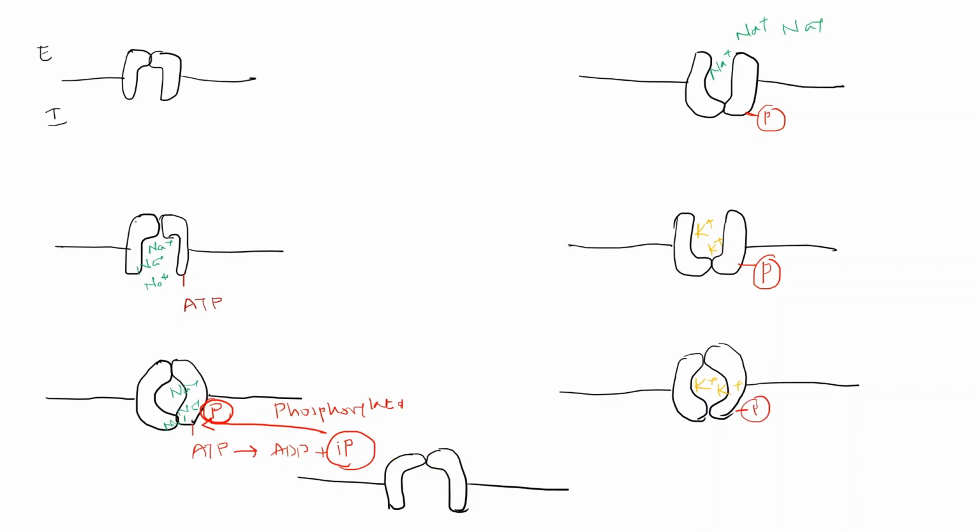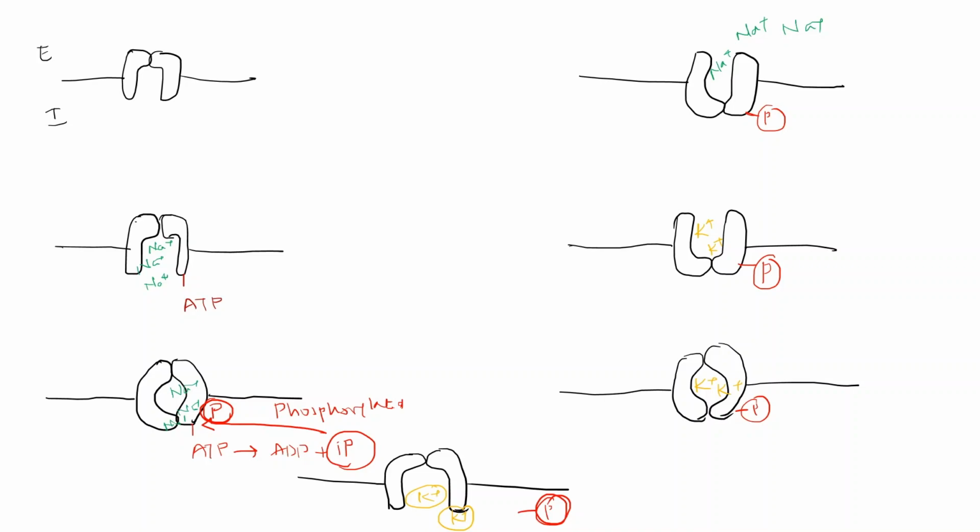Now the pump loses the phosphate group and becomes dephosphorylated. The dephosphorylated form has less affinity for potassium, releasing the potassium ions on the inside. The inside mouth is open, the outside is closed. This is one complete cycle where 3 sodium ions move outside and 2 potassium ions move inside.